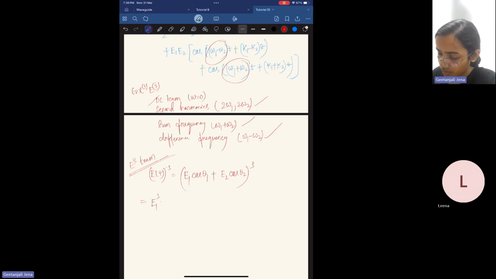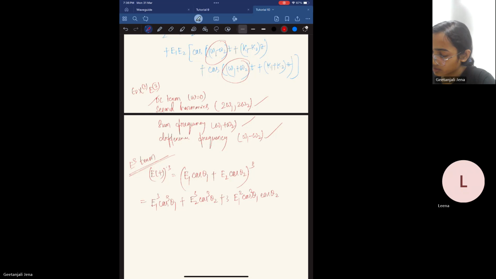This is A cube plus B cube plus 3A square B, there will be a 2 here, plus 3AB square.